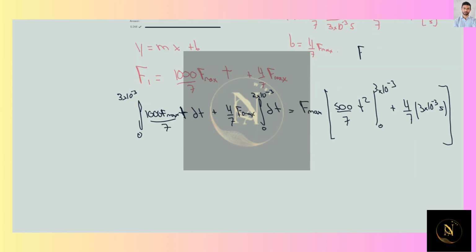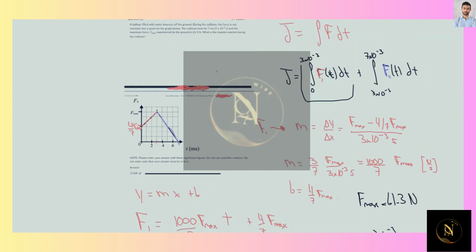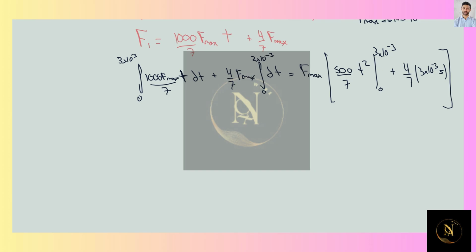Knowing that the value of F max is equal to 61.3 newtons, we verified that it was correct, 61.3, yes. The result for this first impulse would be equal to 0.1445 newton seconds.